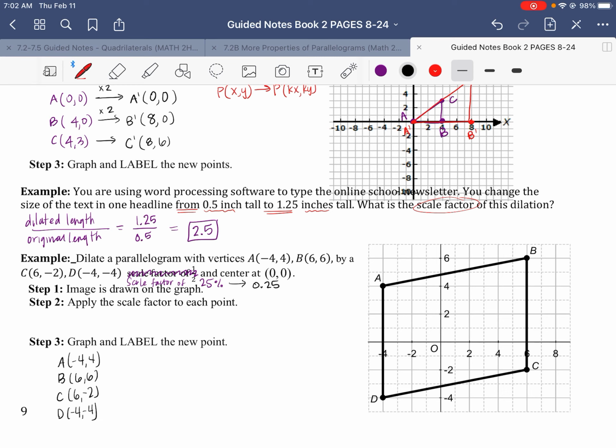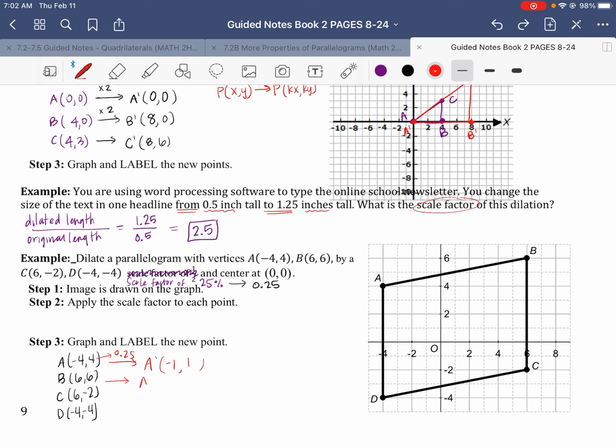If I'm looking at these points and I want to dilate it by 0.25, again, like we talked about above, we just multiply each of the elements by 1/4. So if you take -4 and times it by 0.25, or take 1/4 of that, you get -1. If you take 4 and multiply it by 0.25, again, you get +1.